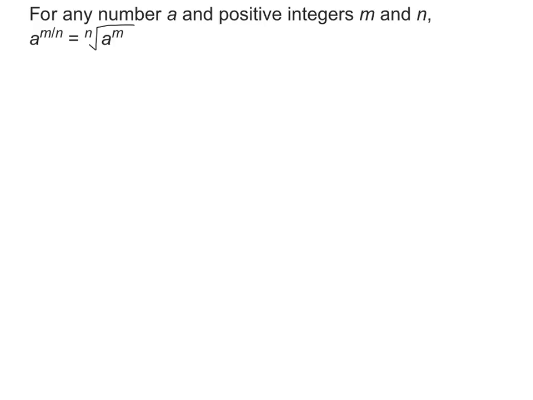Again, we can talk about it using power to a power. If a to the m divided by n is the same as a to the m to the 1 over n, well, I know that 1 over n converts to the nth root of a to the m. And there's your explanation of why that works. And we'll call it a conclusion with there. So we are done.